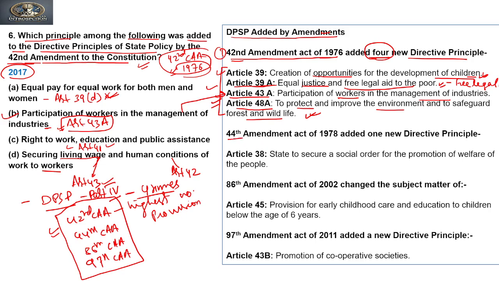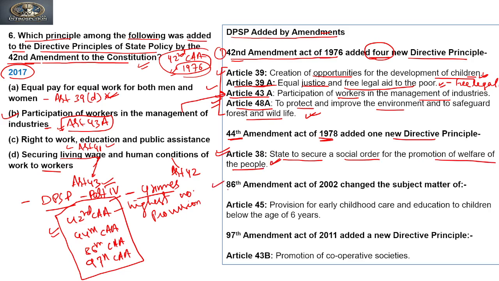Now the 44th Amendment Act has also made changes in the provisions. It says that the 44th Amendment Act of 1978 added 1 new directive, that is Article 38, which says the state is to secure a social order for the promotion of welfare of the people. Clear?